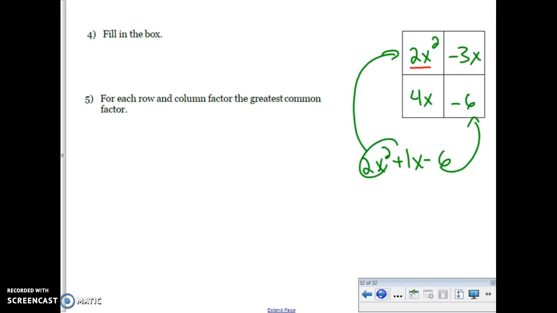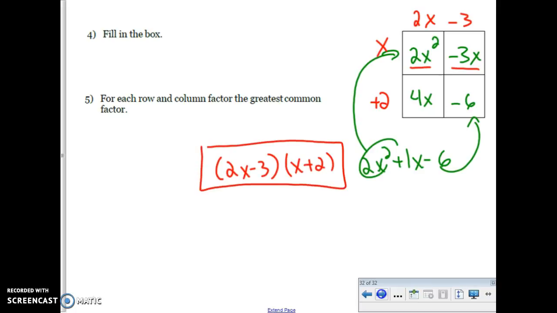The greatest common factor between 2x squared and negative 3x is just x. The greatest common factor between 4x and negative 6 is positive 2. What goes into 2x squared and 4x is 2x. What goes into negative 3x and negative 6 is a negative number, and 3 goes into both. So my factored form turns out to be 2x minus 3 times x plus 2. Hopefully this helps, guys. I want you to try the next few. We will talk about them later.